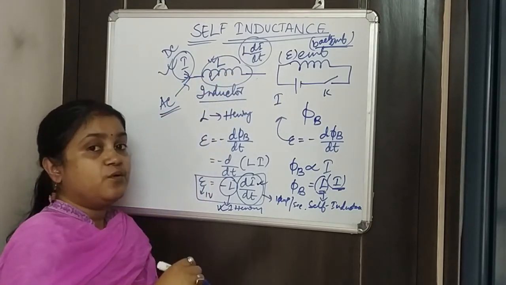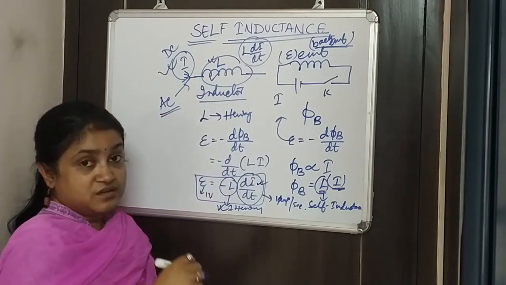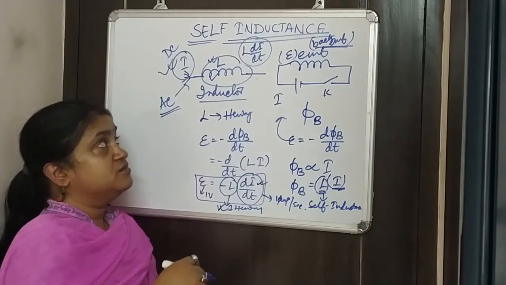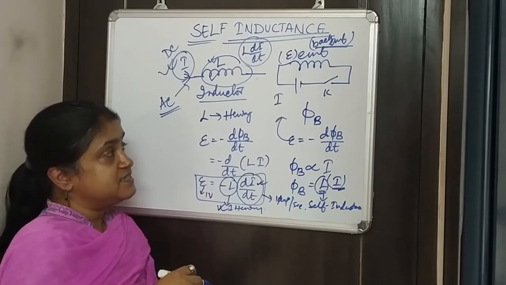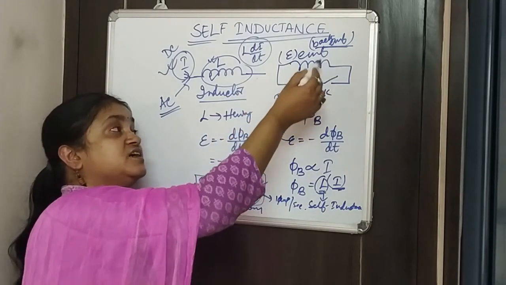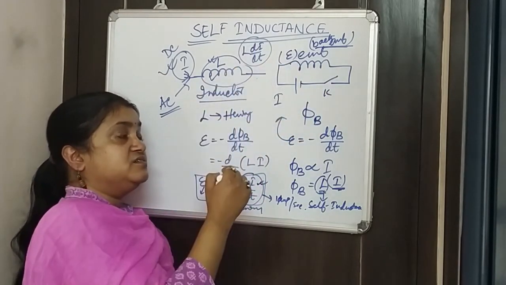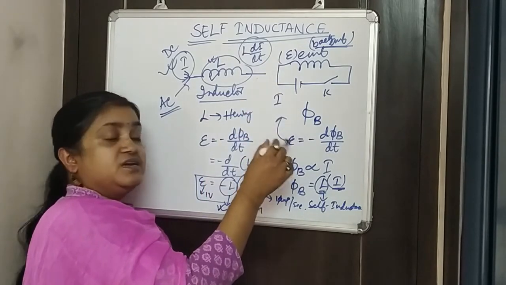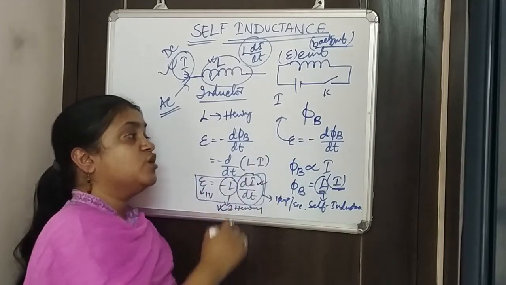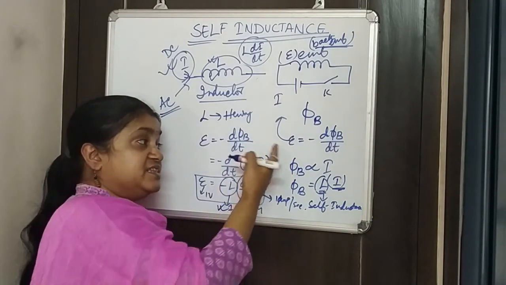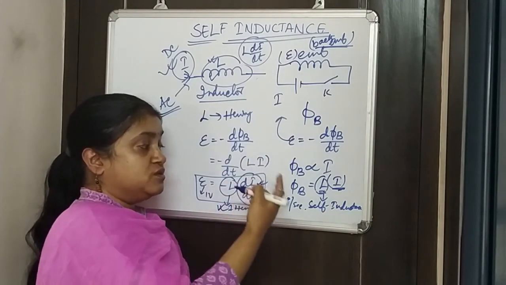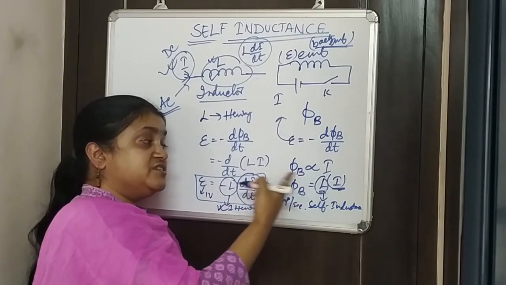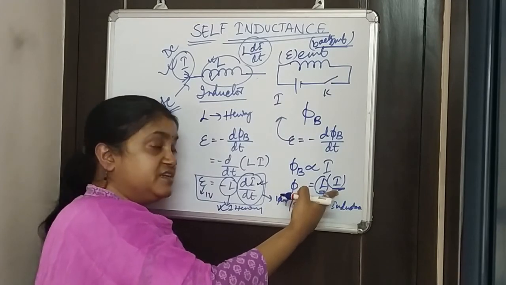That's how it's a very important element in the circuit, and we will come to know in future also the uses of inductor. We see that if an inductor is there and there is a current moving through it, then there would be an EMF produced, which we call the back EMF, and this EMF is due to the magnetic flux change, and this magnetic flux change is due to the change in the current in the circuit.